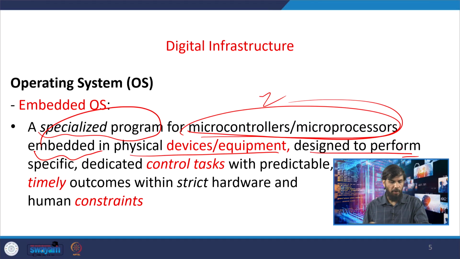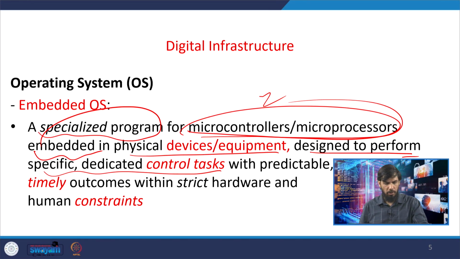It is designed to perform specific dedicated control tasks, because when we say a refrigerator or a washing machine or AC, the main functionality of those appliances is already understood. It's just that the microcontroller or microprocessor plays a role in configuring the different settings supported by the equipment.